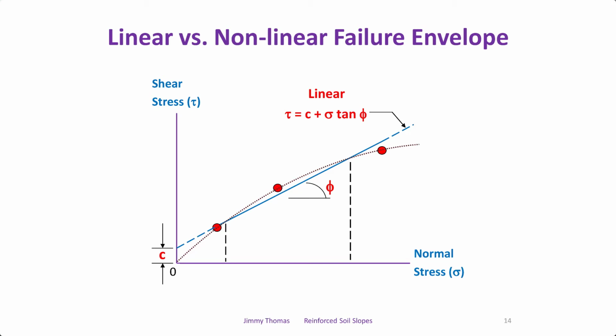When I draw this envelope, within this range it is okay because my calculated strength along the line is less than the actual, so I am safe. But on this side, the strength predicted by the straight line is more than my actual. We don't know what is in this range, but we assume it is like this. So if I use the straight line equation, I over predict.